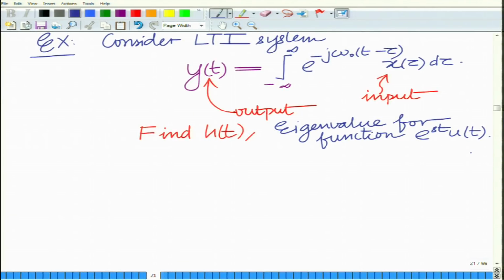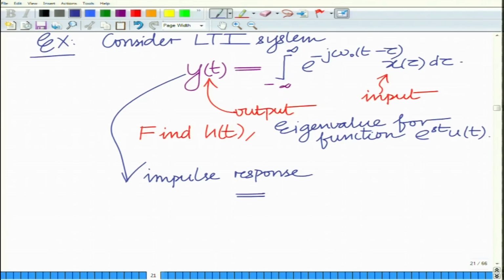Now, it is easy to see what the impulse response is. You can write this as the integral from minus infinity to infinity of e to the power of minus j omega naught (t minus tau) x of tau d tau.